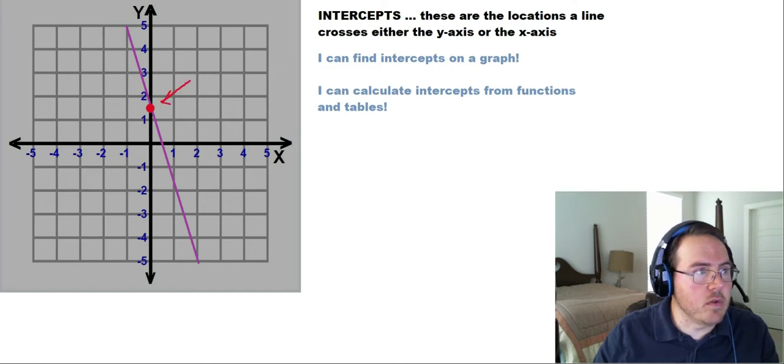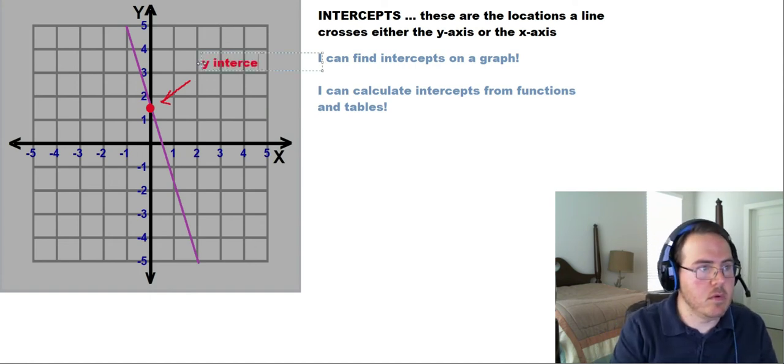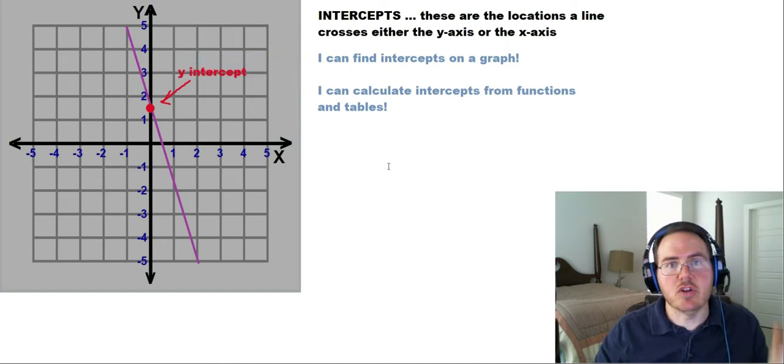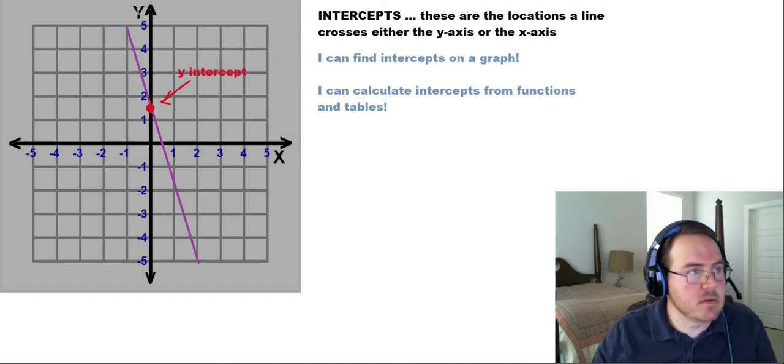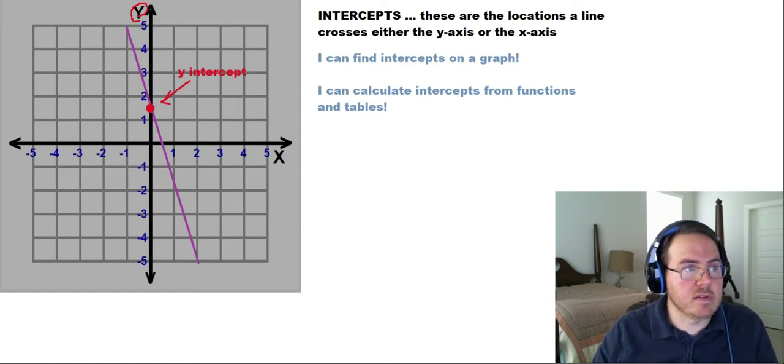this is called the y-intercept. The reason they call it the y-intercept is because that is where the function crosses the y-axis. That's this guy. Now, you might be able to guess what this dot is.